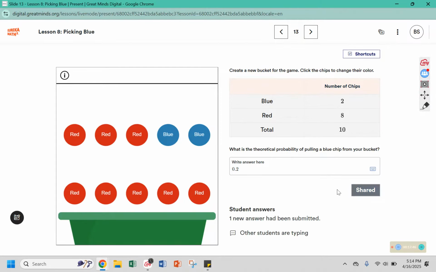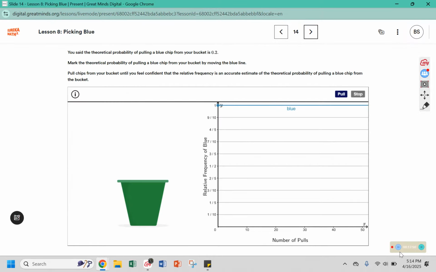You said the theoretical probability of pulling a blue chip from your bucket is 0.2. Mark the theoretical probability of pulling a blue chip from your bucket by moving the blue line. Pull chips from your bucket until you feel confident that the relative frequency is an accurate estimate of the theoretical probability of pulling a blue chip.